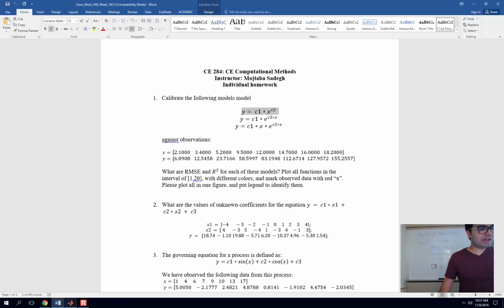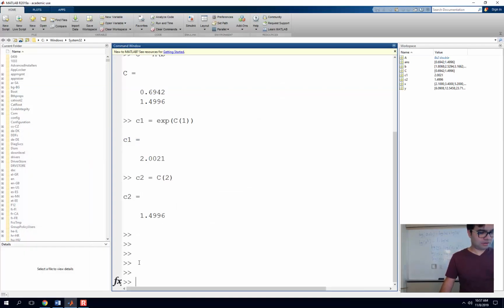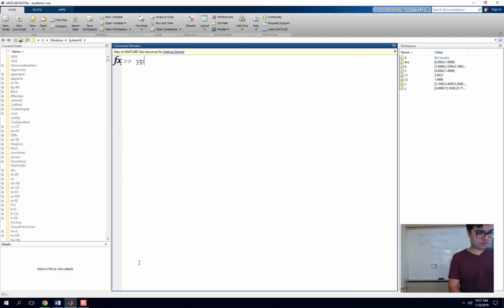Now Y pred is equal to C1 times x to the power of C2. I go back to the original equation, right? I did all sorts of transformations. I found C1 and C2. Now that I have C1 and C2, I go back to the original equation.